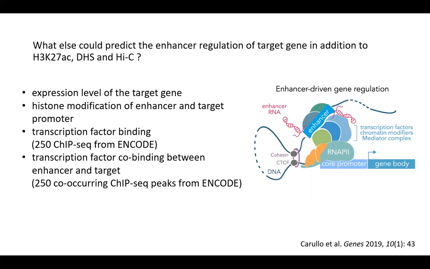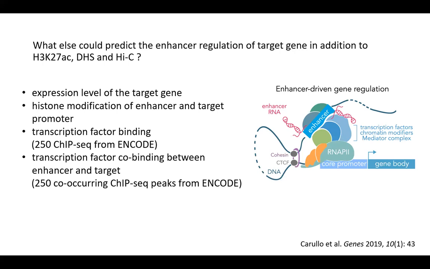So these are the variables that we decided to put in addition to enhancer strength measured by H3K27 acetylation and Hi-C. We decided to look at expression level of the target gene. This is not the change in expression level, which is our outcome. This is just the overall base level expression.